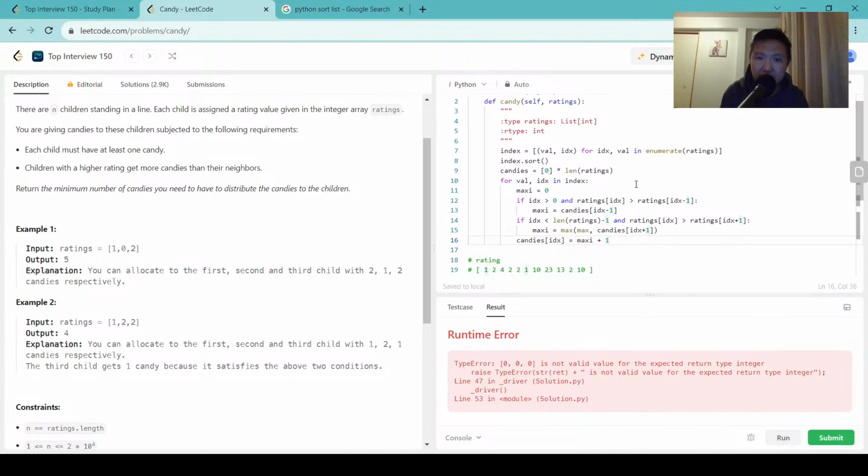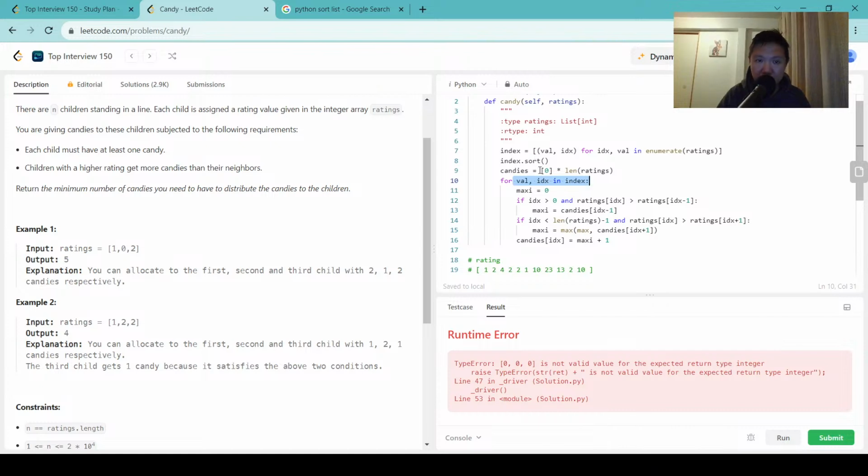Okay, so let's look at what happens here. So there are a few cases. First, ignore the boundary conditions first. The first case is if both your left and your right are larger than you. Because they are larger than you, they would, by definition, not have been processed yet, since this index is sorted.